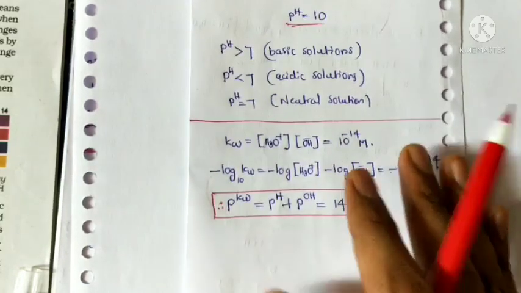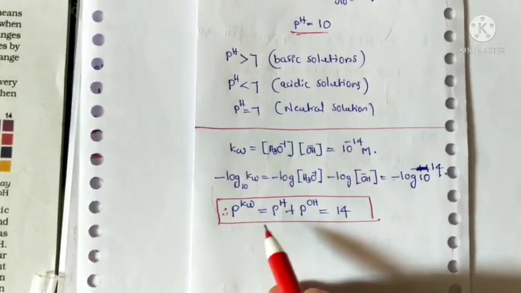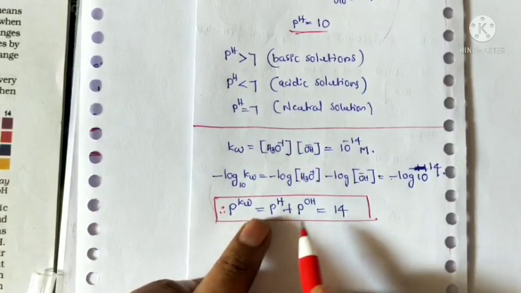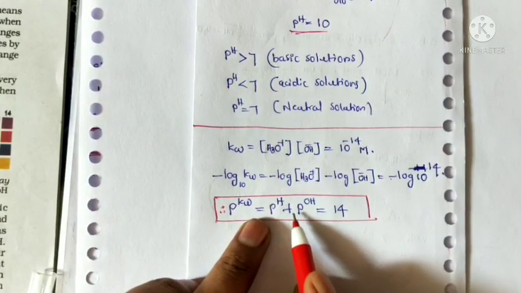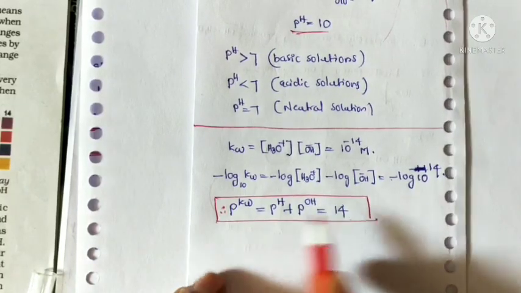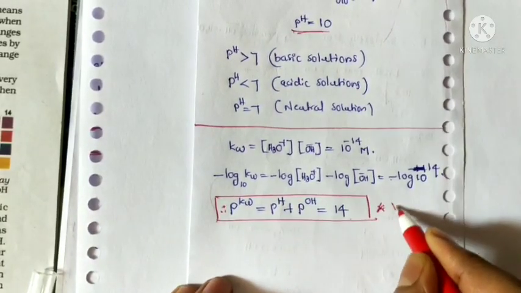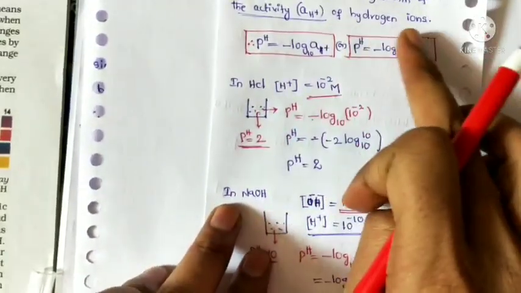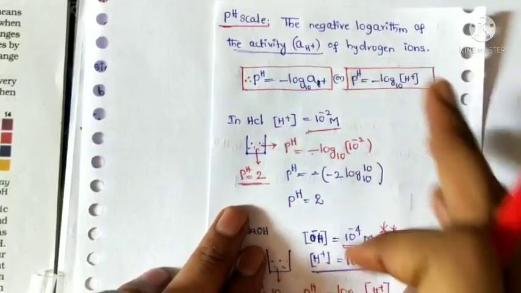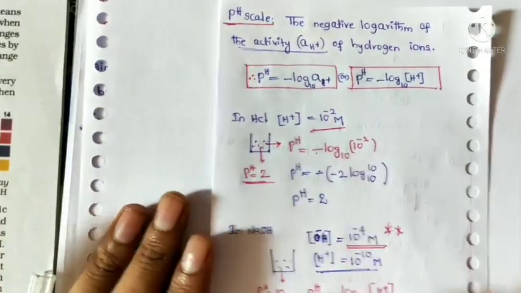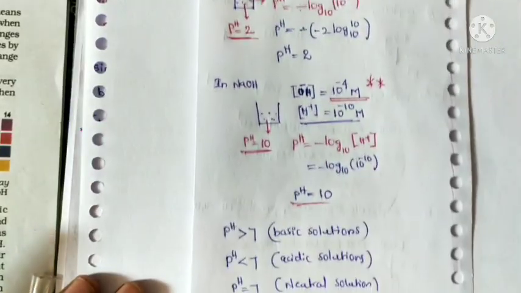And the relationship pKw, the ionic product of water, is pH plus pOH equals 14. This is a very, very important relationship. And the activity of hydronium ions or hydrogen ions does not have any units. These are also two very important points.